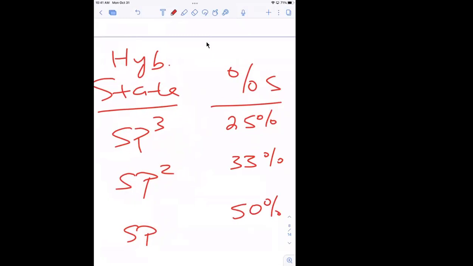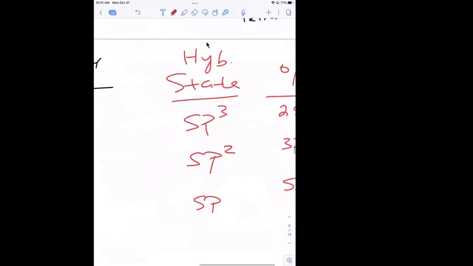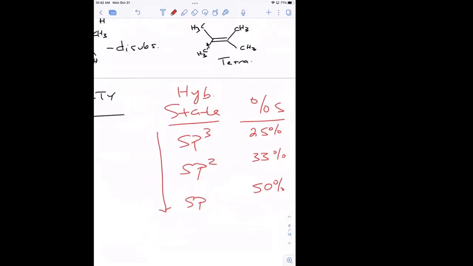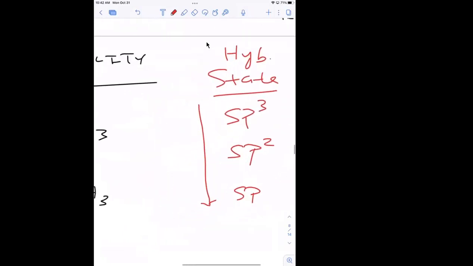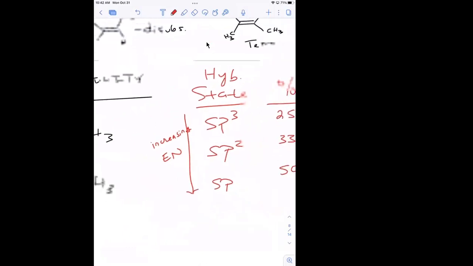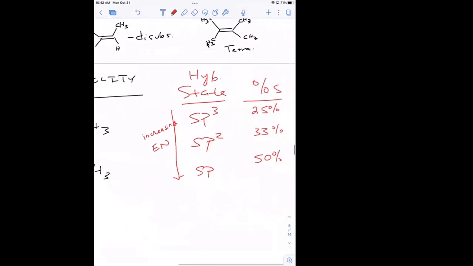What's happening here also is as that hybridization state changes, as the percent s character goes up, so does the electronegativity. So that electronegativity is increasing as you increase s character.